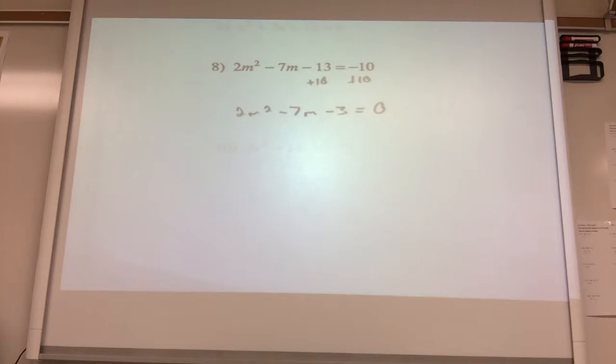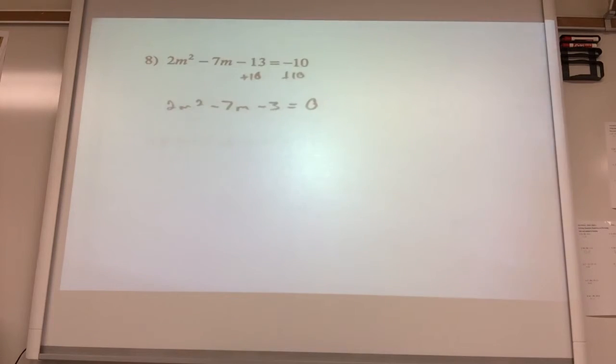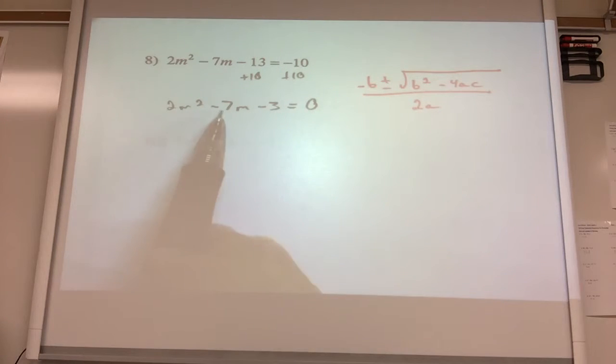All right, and without explaining too much here, I'm just going to go straight through the process so it doesn't look so complicated. Negative b plus or minus the square root of b squared minus 4ac, all over 2a. So 2 is a, negative 7 is b, negative 3 is c.